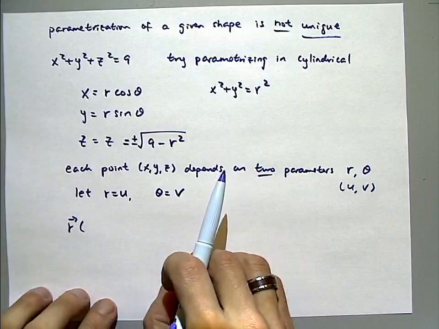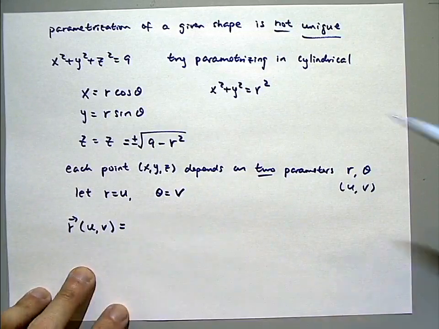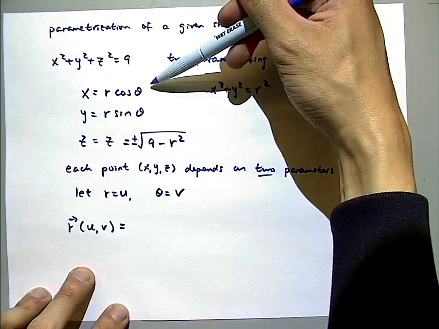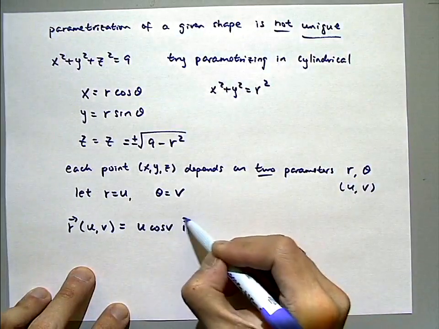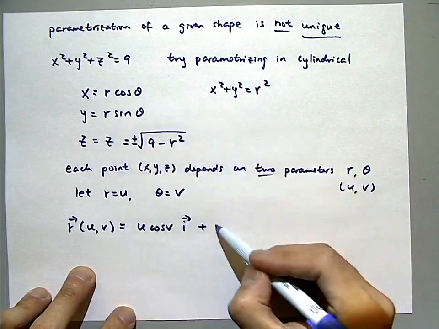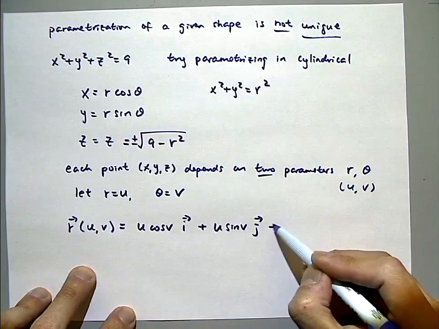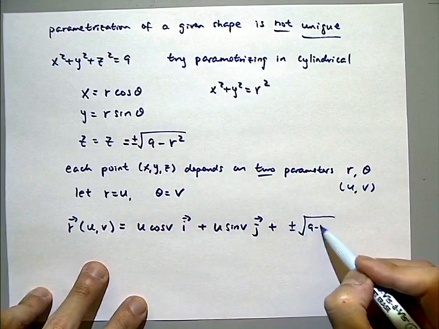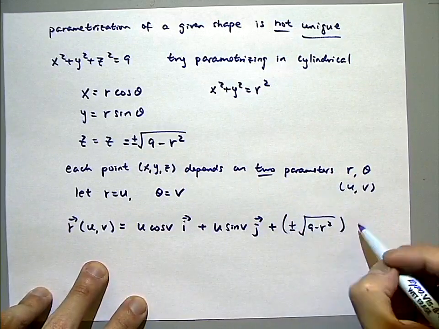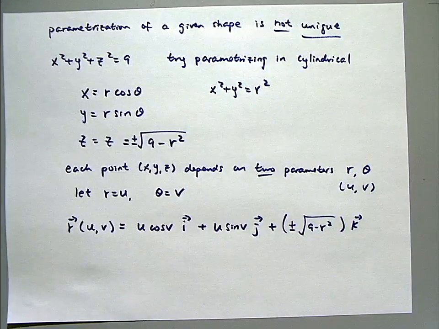So the parametric equation can be written as r of u, v equal to x, which is u cosine v i, y is u sine v j, and z, plus and minus, square root of 9 minus u squared, k. That forms our sphere.